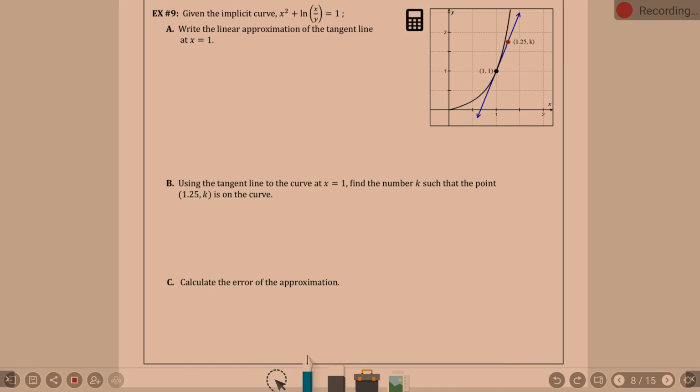You're always saying this is the same thing we've been doing. Well, it is, but the slope's going to be harder to find, because notice it's an implicit curve. It's not solved for y equals, and it wouldn't be easy to solve for y equals. I'm not saying you couldn't. But in order to find a linear approximation, we're going to need to find the slope, yes?